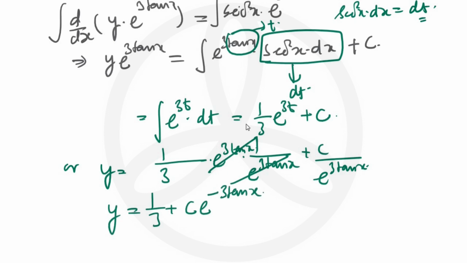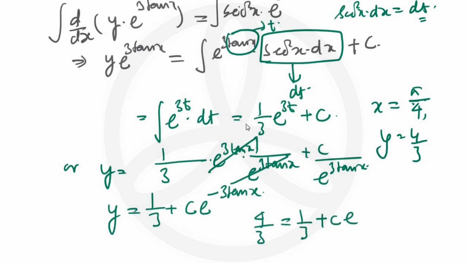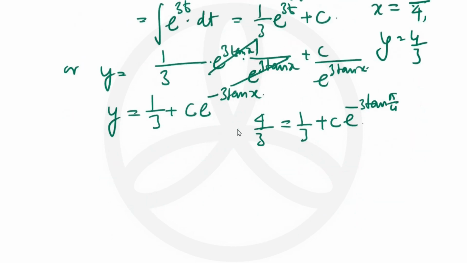Now, what is the initial value? The initial value is that x is equal to pi over 4, y is equal to 4 over 3. So we keep 4 over 3 here, 1 over 3 here plus c e to the power minus 3 tan of pi over 4. So tan of pi over 4 is 1, so we get e to the power minus 3.